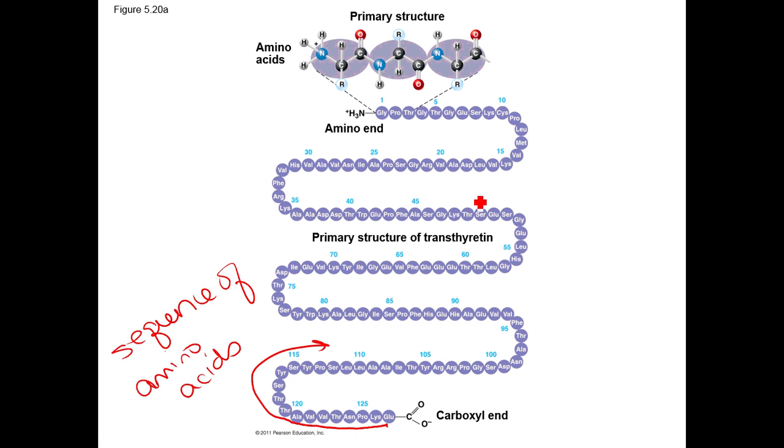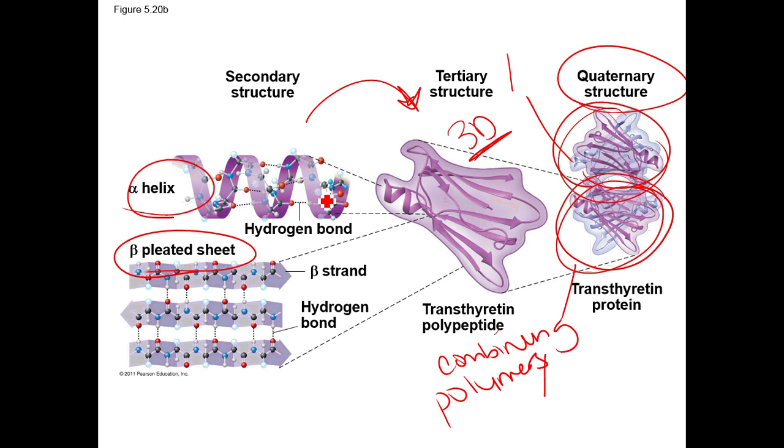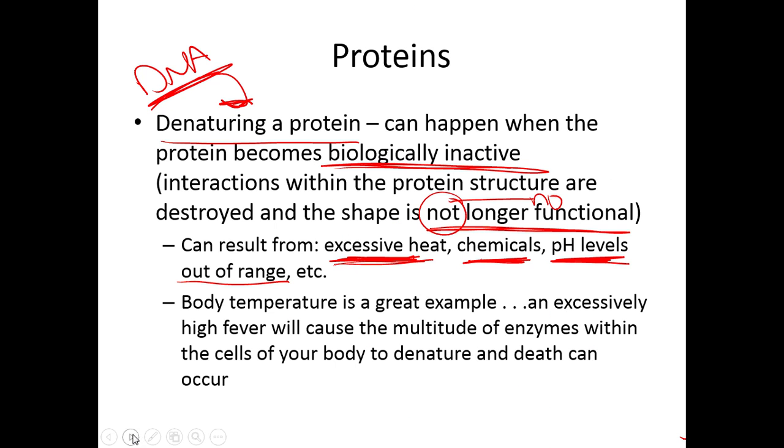It can break it down at the primary level, where these amino acids are no longer linked, or it can break it down here. And all of a sudden, this pleated structure, or this helix, those don't form, and then it can't link up with other ones, and so it can really throw that entire protein out of whack. And when it does that, it's what we call denaturing. It breaks down that protein structure.